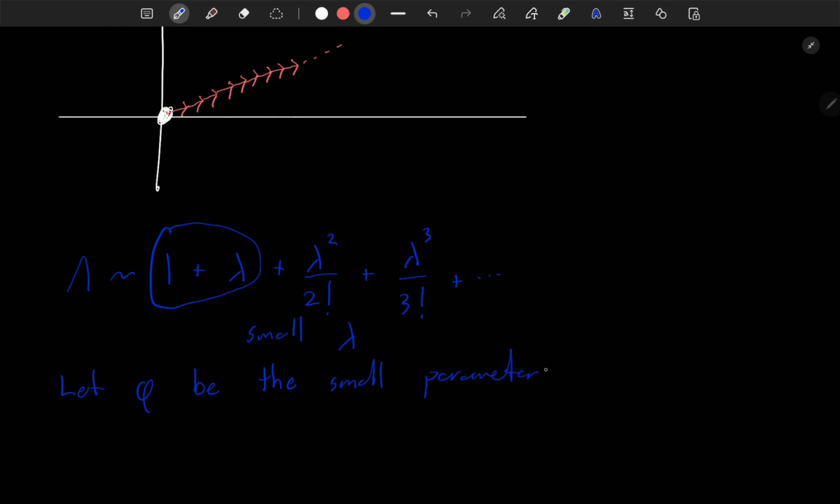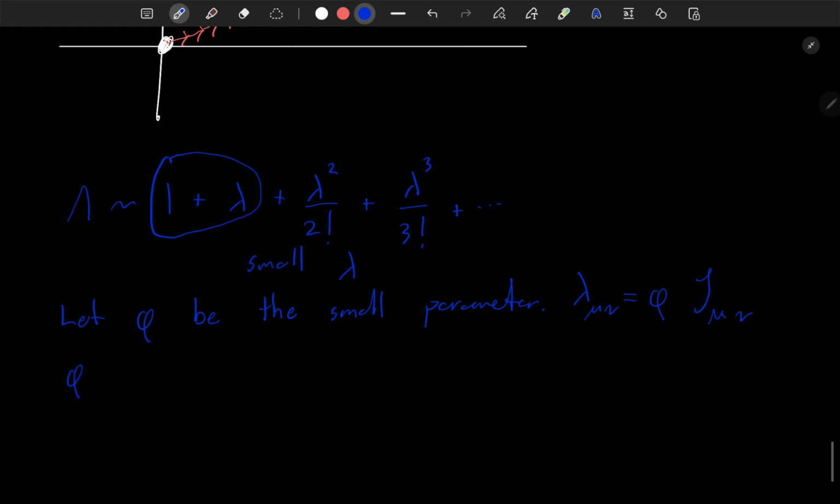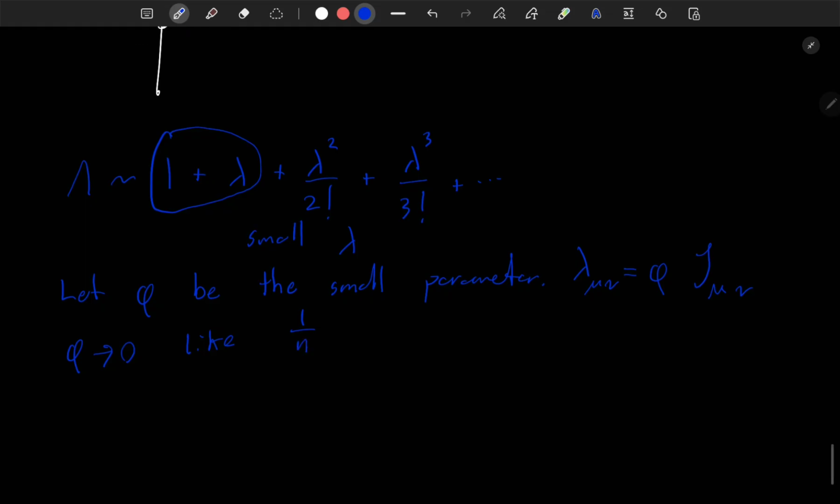And this way, lambda equals something like phi times a non-vanishing tensor, something like that. We can make phi go to 0 like 1 over n, for example, right?